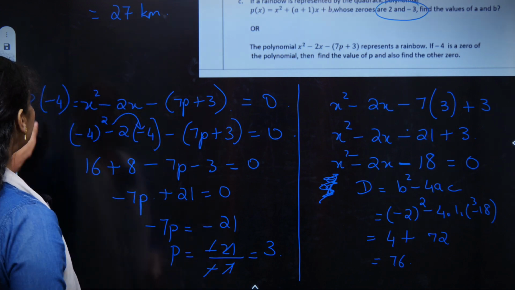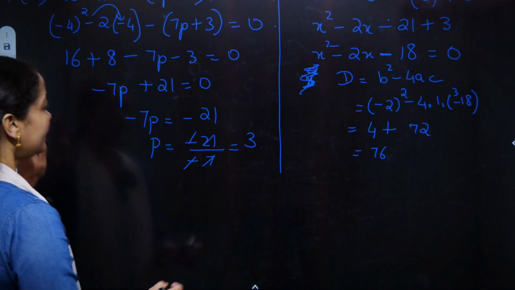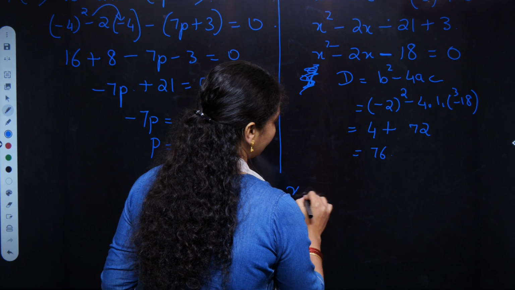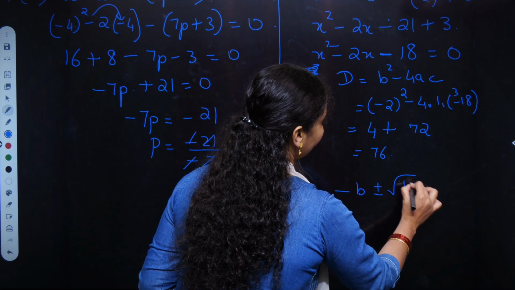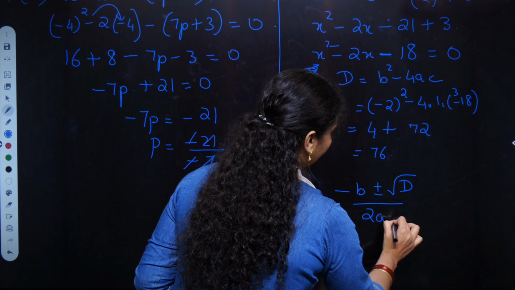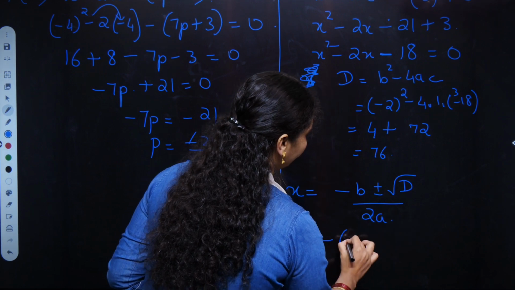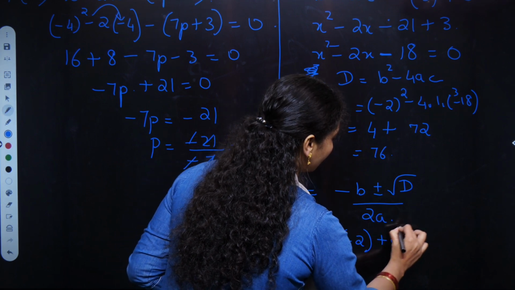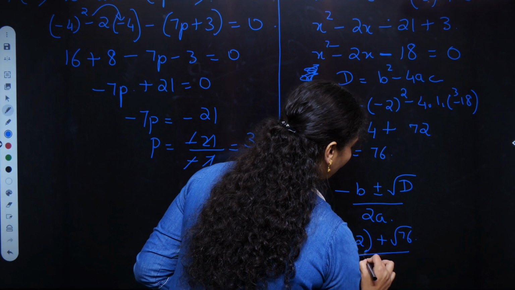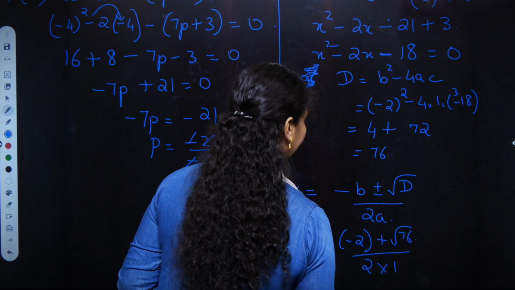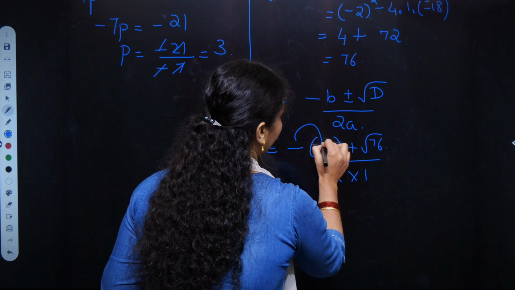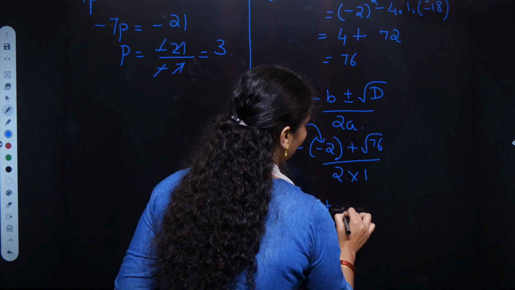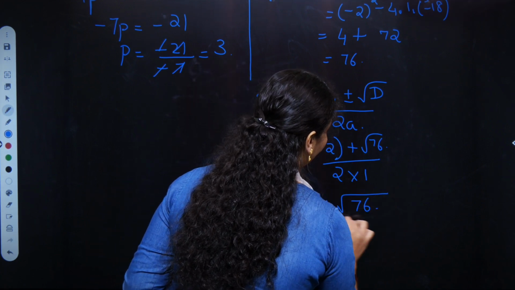I'll substitute this value of the discriminant in the quadratic formula, that is x equal to negative b plus or minus root D by 2a. That is negative of negative 2 plus or minus root 76 by 2 into a, which is 1. Therefore, negative into negative is positive 2 plus or minus root 76 by 2.